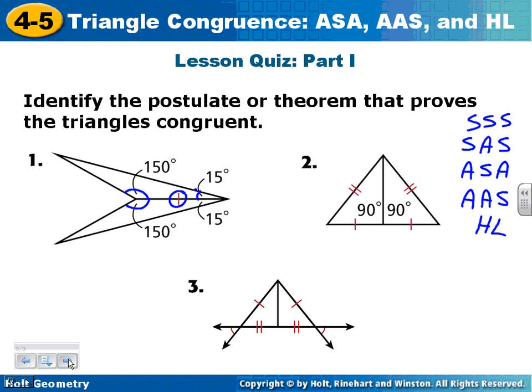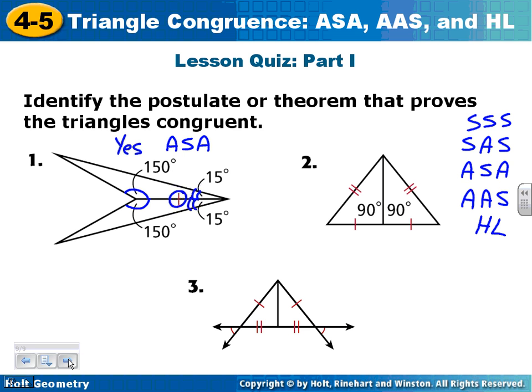So I can put double arc marks there, double arc mark there. And it looks to me like that side is between the 2 angles. So I would say yes. Number 1 is congruent. The side is between, so it's angle, side, angle.